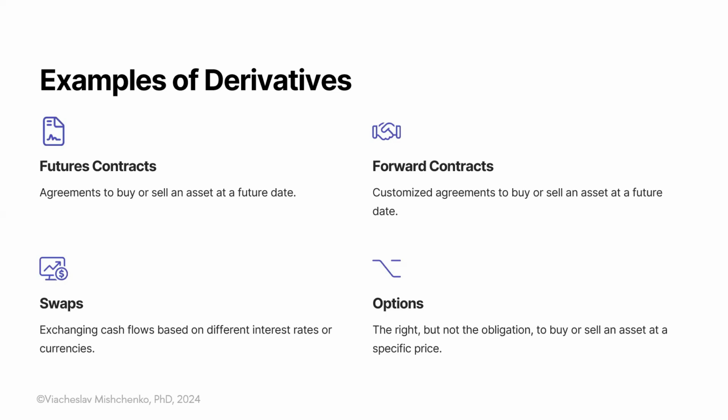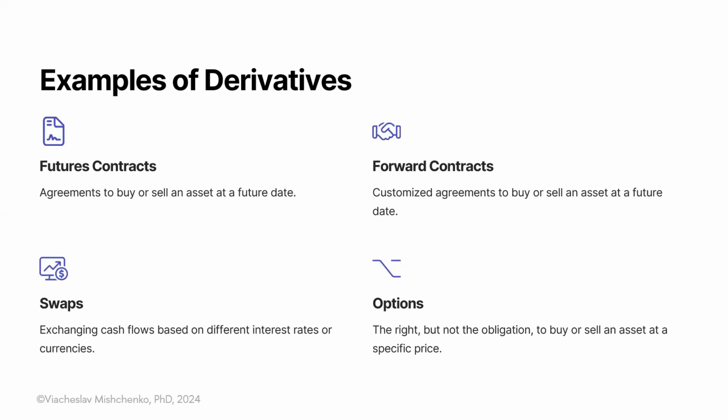Each of these instruments serves a unique purpose in risk management and in speculation. For instance, a farmer might use futures contracts to lock in the price of their crop before harvest, which may allow them to protect against potential price drops.